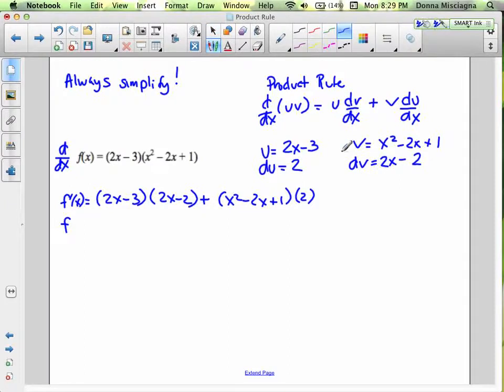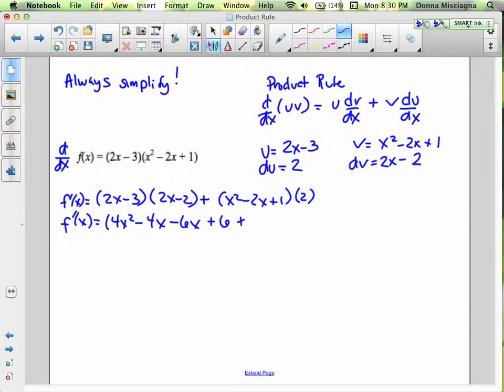All right, let's continue our problem here. Sorry about that. So f prime of x is equal to 2x times 2x, which is 4x squared. 2x times negative 2 is negative 4x. Negative 3 times 2x, negative 6x. Usually I just add those together in my head, but since I've got other terms to add to them, I may as well just add them all together at the same time. Negative 3 times negative 2 is positive 6, and now we're just distributing a 2.